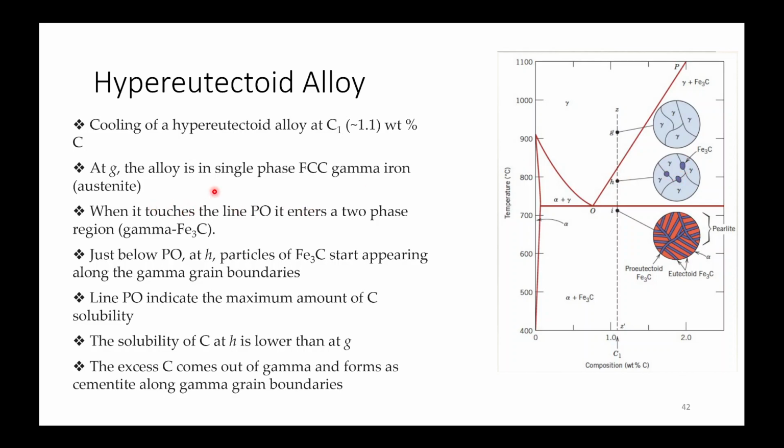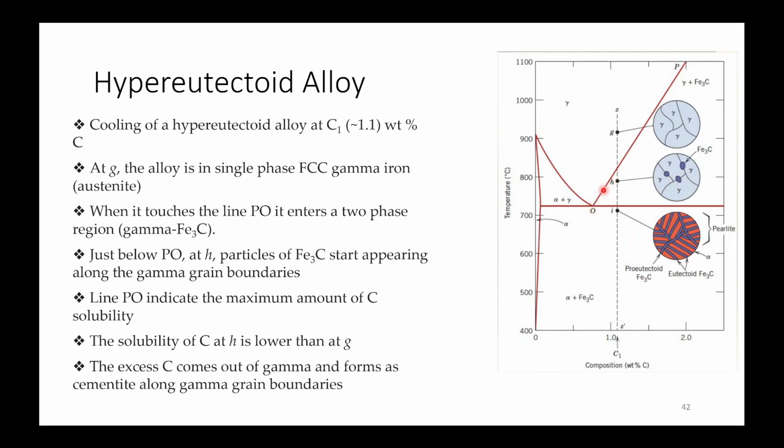Now, at G, the alloy is in single phase FCC gamma iron. When it touches the line PO, it enters the two phase region gamma plus Fe3C. And just below PO at H, particles of Fe3C start appearing along the gamma grain boundaries.